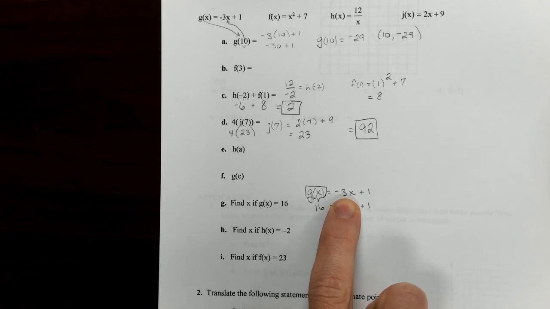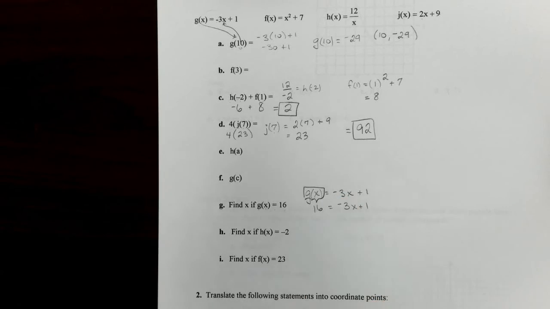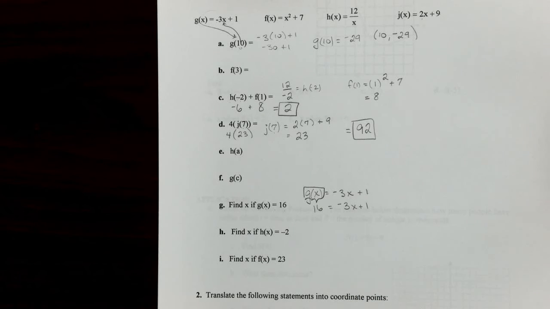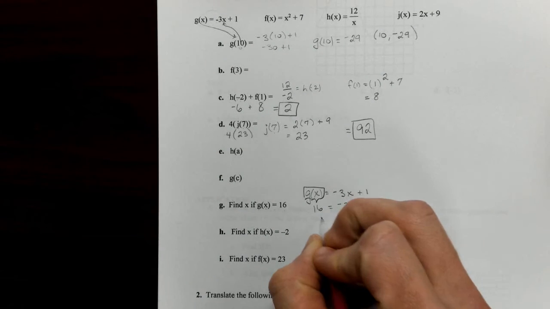You see that plus 1 there, Cameron? Okay, that's the first thing I need to get rid of. So I need to get rid of the plus 1. So I'm going to do inverse operation. What's the inverse of plus 1, Cameron? Exactly. So we're going to subtract 1 on both sides.